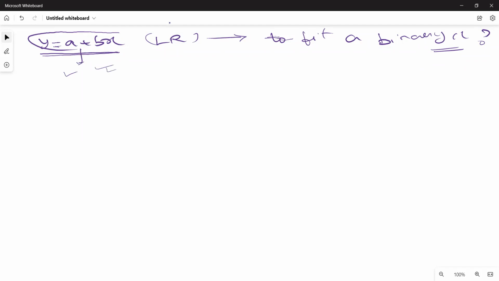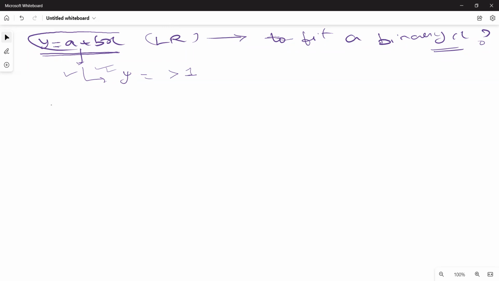If I take this equation, what is going to be my y value? Most probably, the y values will be greater than 1. It can be any number, in the range from negative infinity to infinity.